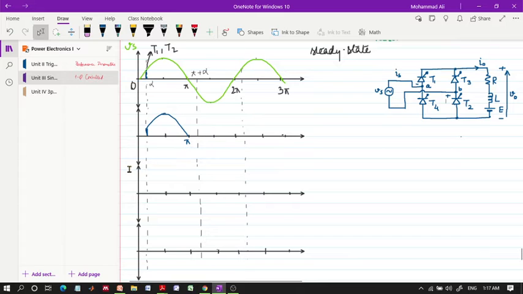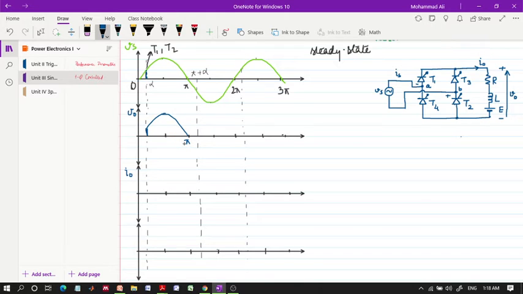so what will be the waveform of the current from alpha to pi? So let this be the voltage output waveform, and this should be the output current waveform. So the output current waveform from here, it should be like this.